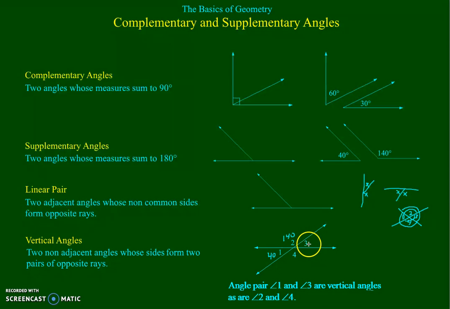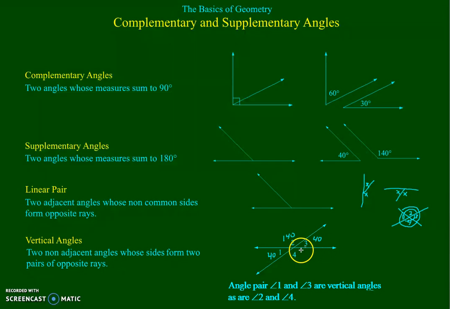These are a pair of adjacent angles whose non-common sides form opposite rays, so they're a linear pair. That means this one has to be 40 as well. If this one's 40 and this one's 40, angle 1 and angle 3 are congruent angles because they have the same measure. Since angle 1 and angle 3 are vertical angles, you know that vertical angles are always going to be congruent angles.